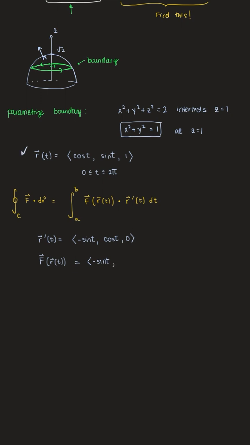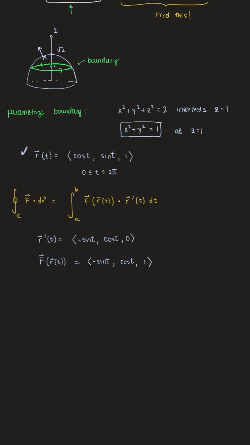The middle component of our vector field evaluated, well, one good thing is that it has a z minus 1, and since z is 1 in our parametrized curve, all we're going to have for the middle component is x, and that's going to be cosine of t. And then the third component is x squared plus y squared, but we know that x squared plus y squared is just 1.